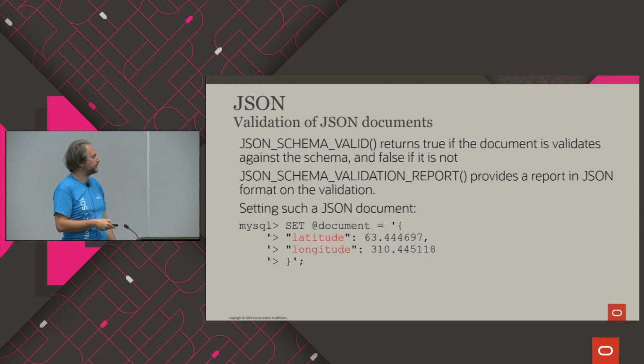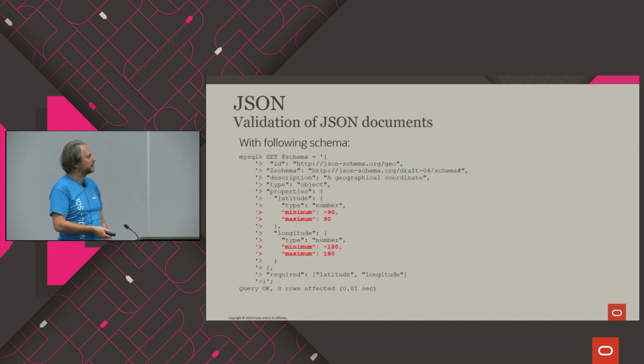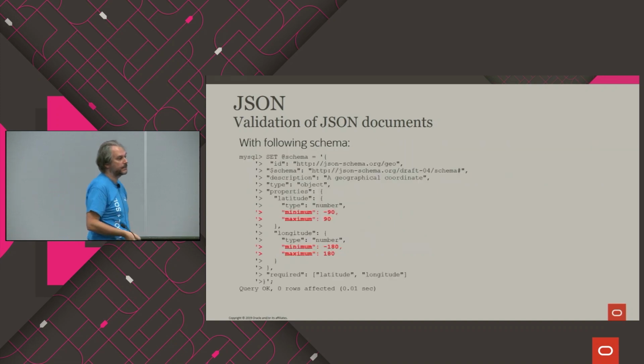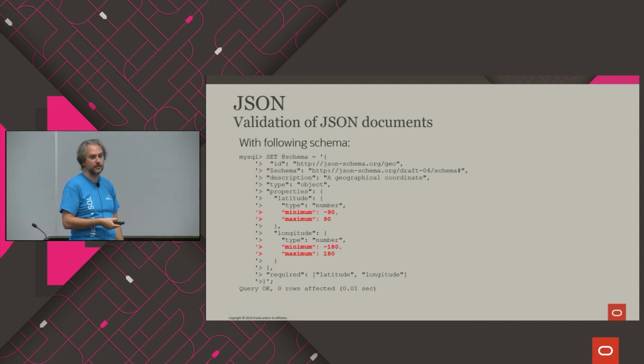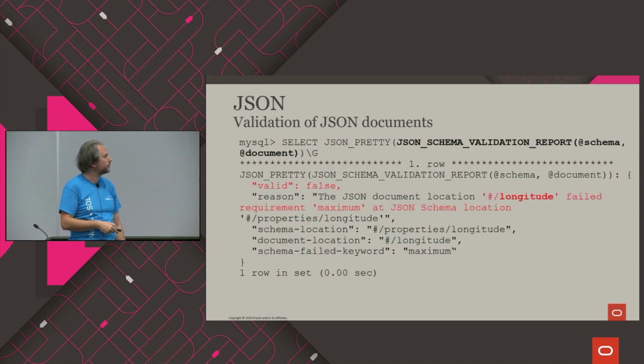So if you have such a JSON document, then you can write a schema like this. You want coordinates to be within a range, and you validate it.